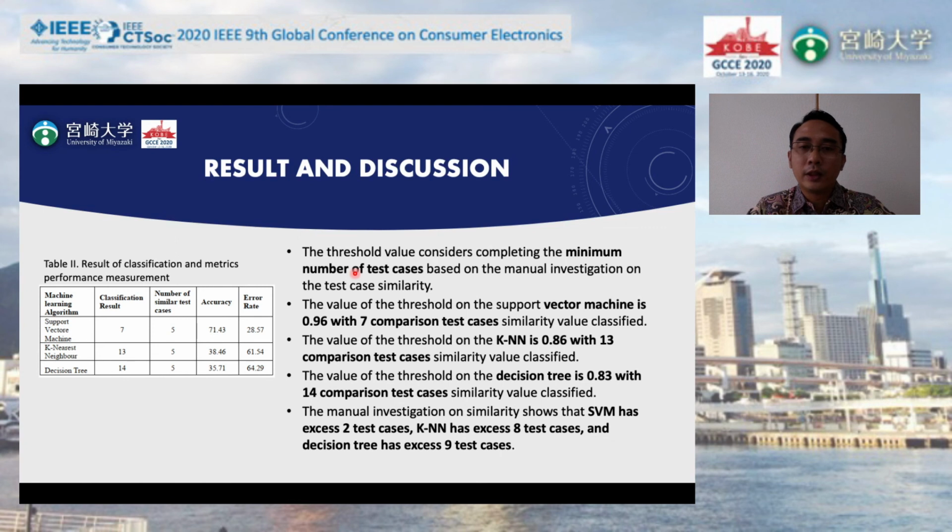The value of the threshold on the decision tree is 0.83 with 14 similarity values classified. The manual investigation on similarity shows that the support vector machine has access to 7 test cases, KNN accesses 8 test cases, and the decision tree accesses 9 test cases.